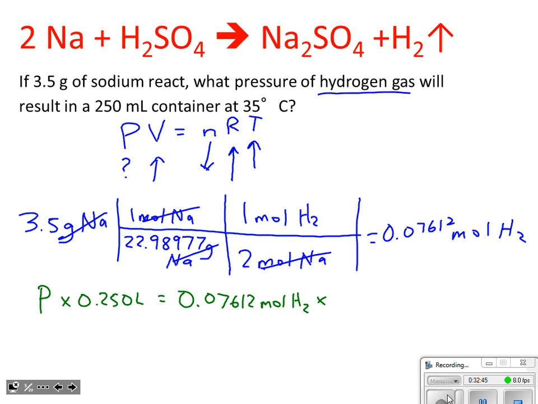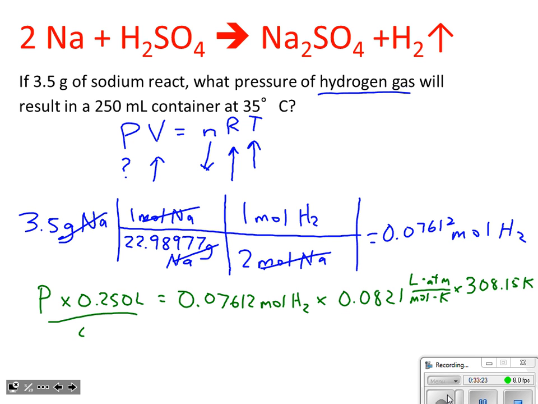My constant, let's see, that was liters, atmosphere, mole, Kelvin. And to convert that into Kelvin, that's going to give me 308.15 Kelvin, right?